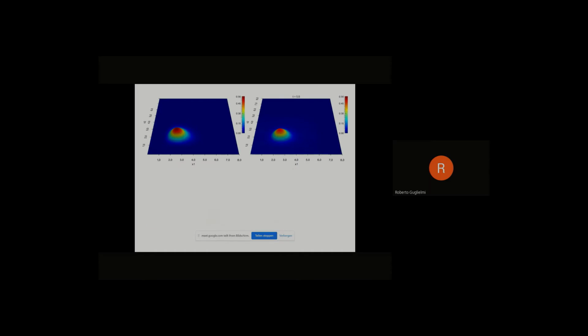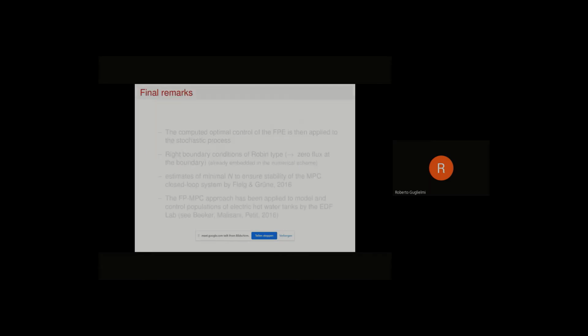All right. So I'm about to conclude, but I want to finish with a few remarks. The first one, that is quite interesting for us, is that we started from a stochastic optimal control problem. We rephrased it in a completely deterministic way.